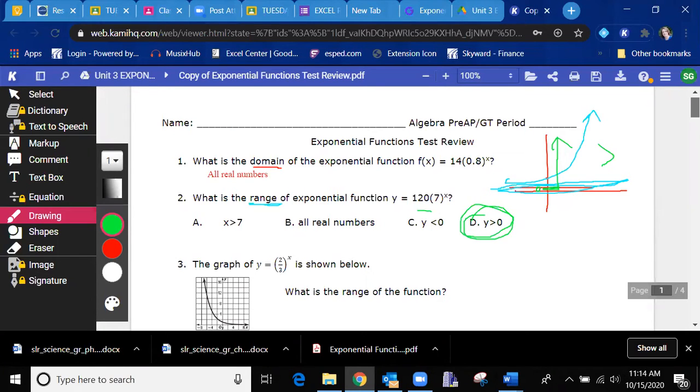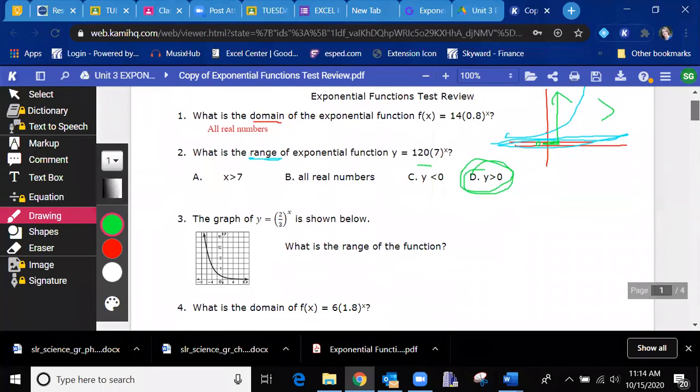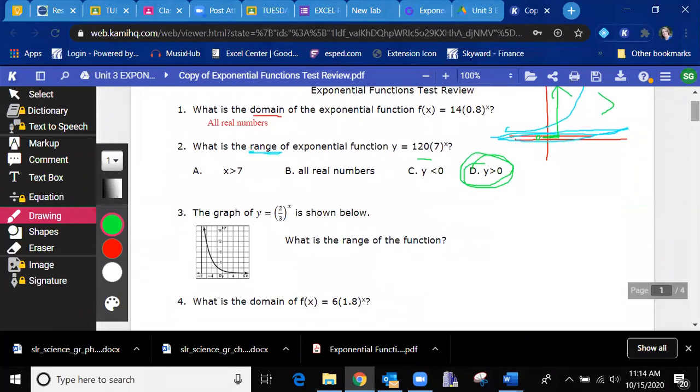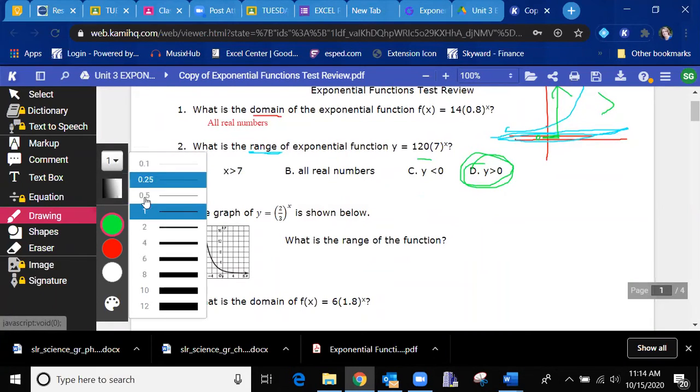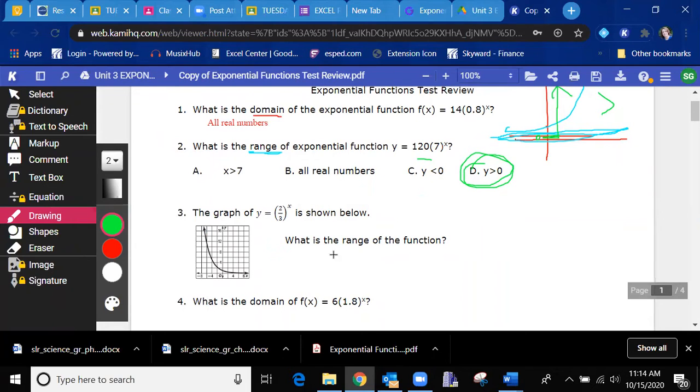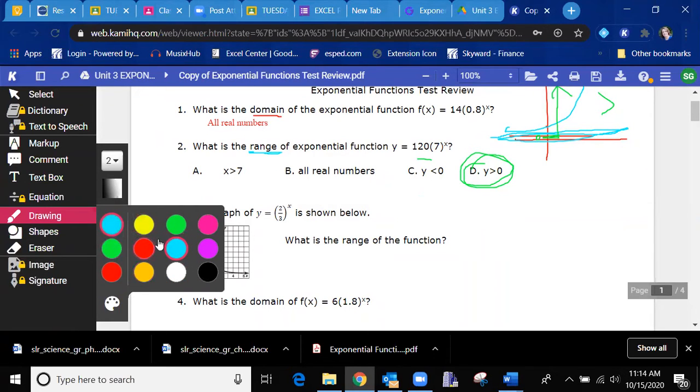So think about number 3, the range. Let's do this one in red.